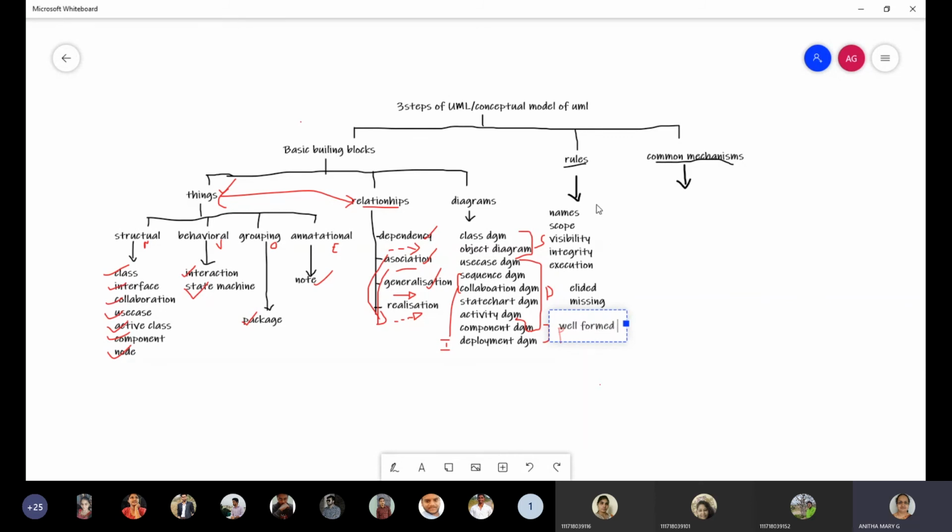So these are the things about the rules that we have learned.